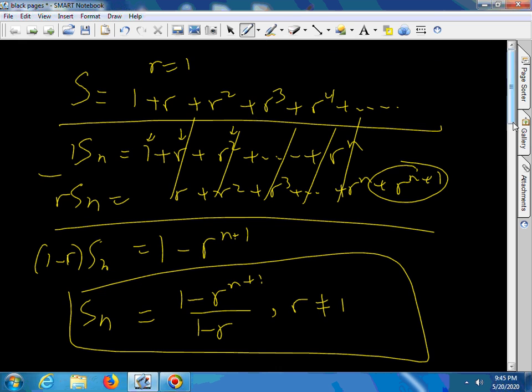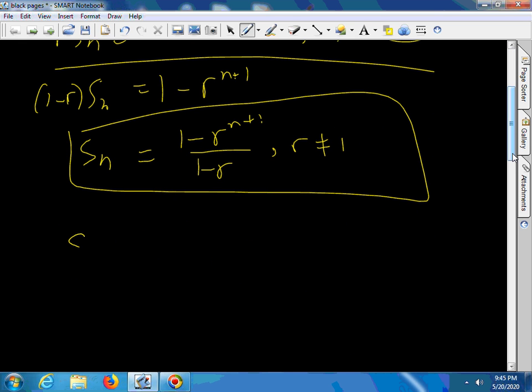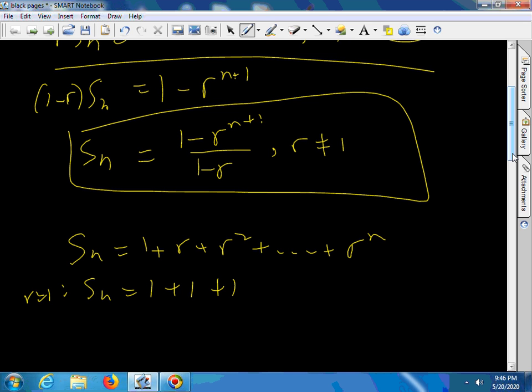Now, let's just get 1 out of the way. S sub n is 1 plus R plus R squared all the way up to R to the n. And if R is equal to 1, then S sub n is 1 plus 1. 1 squared is 1. 1 cubed is 1.